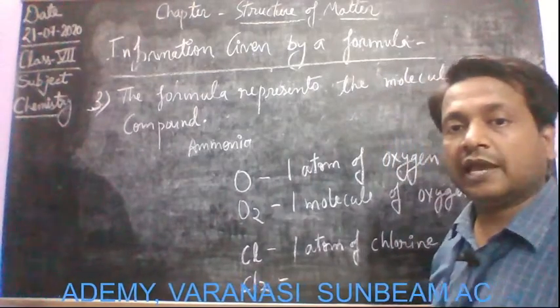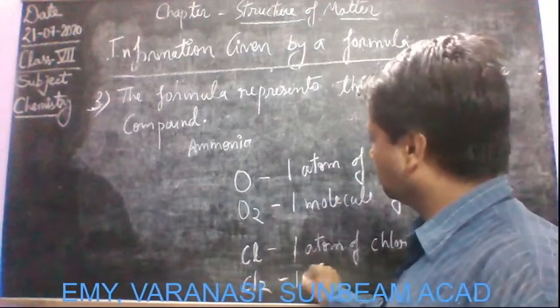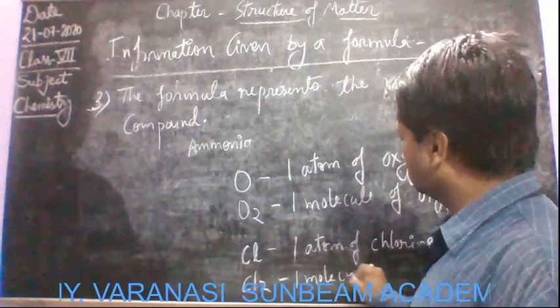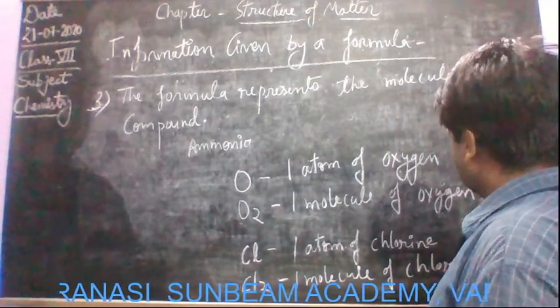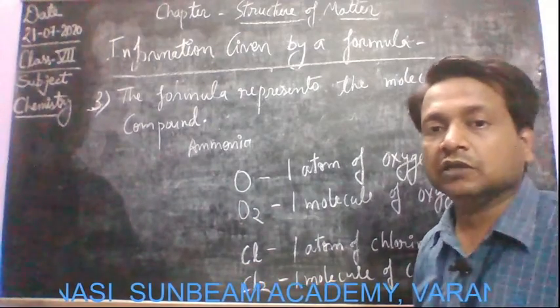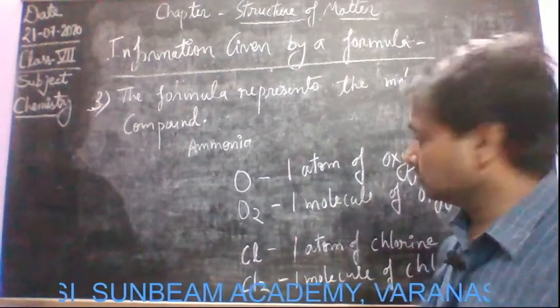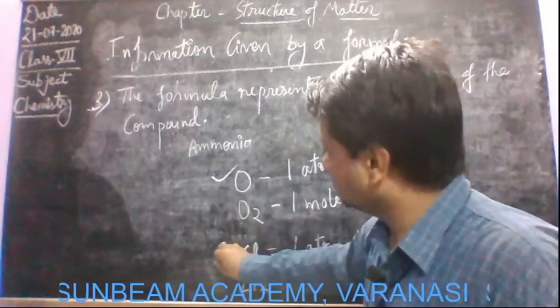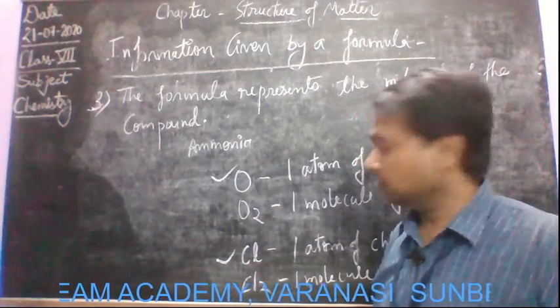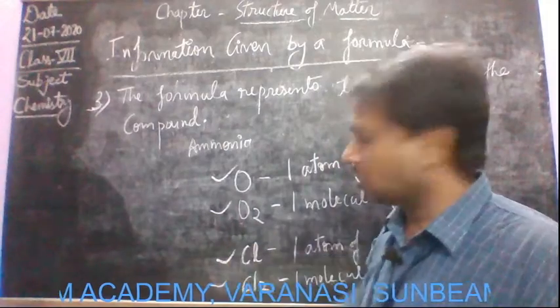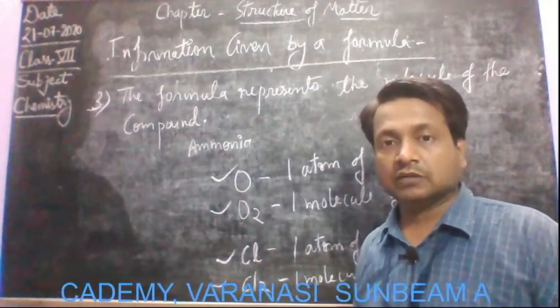So Cl2 indicates one molecule of chlorine, and F2 one molecule of fluorine. These two will be monoatomic, and these two are diatomic.